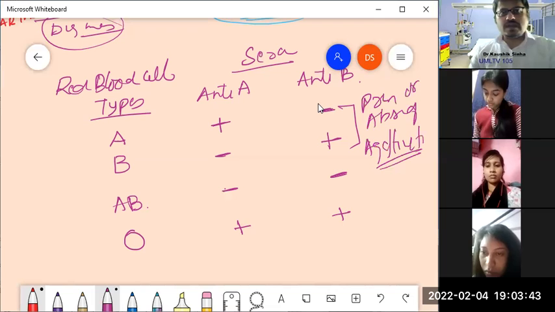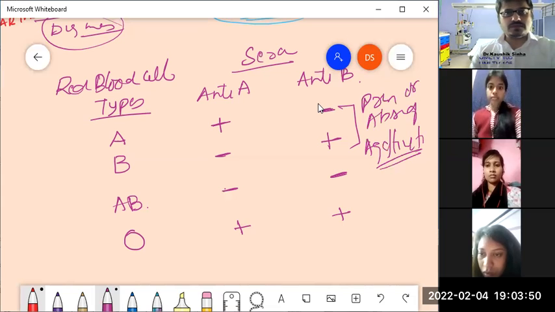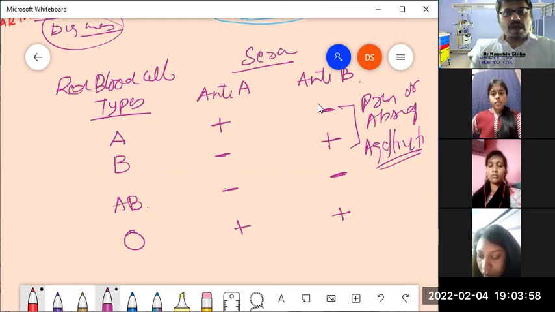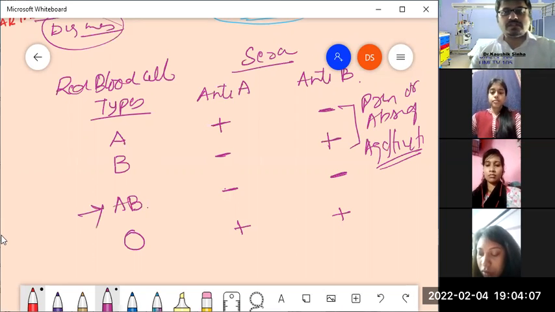Now, what is that? When there is a plus sign given, that means there would be an agglutination. And when there is a minus sign given, then there is no presence of agglutination. Okay. So, when AB is given, that means there would be no agglutination present.